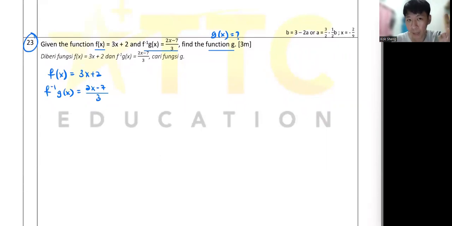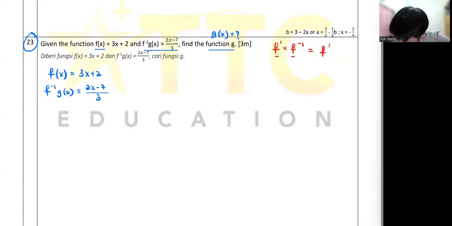For the indices, when they have the same base, let's say f times f negative 1, when these two are multiplied together, the powers add, right? So you get f to the power 0, and then no more f already. Becomes 1.